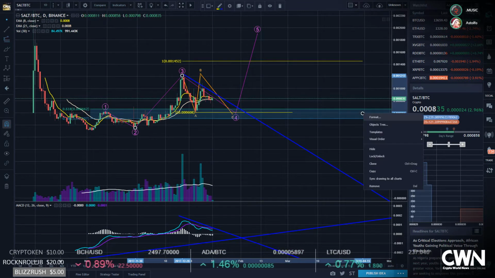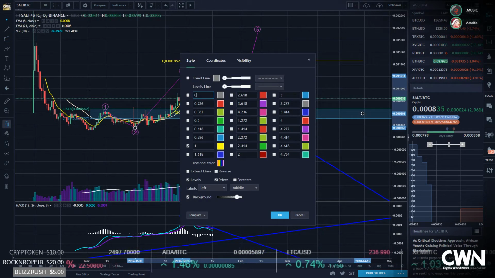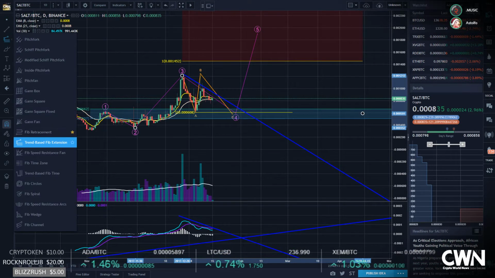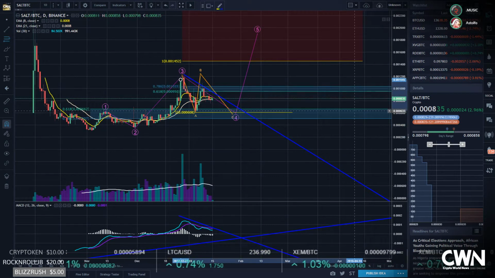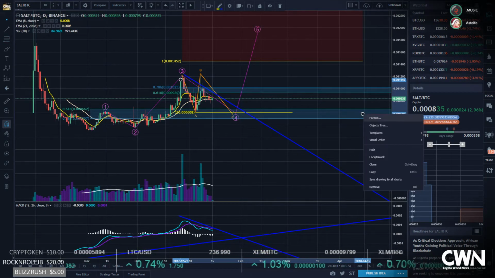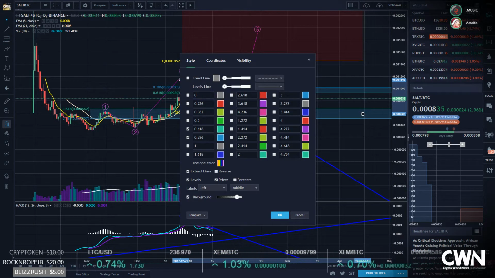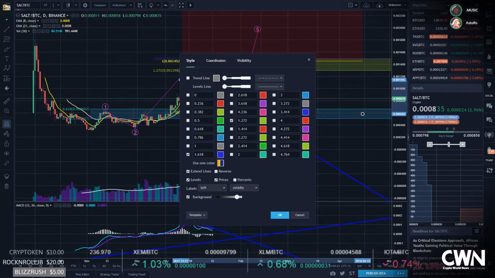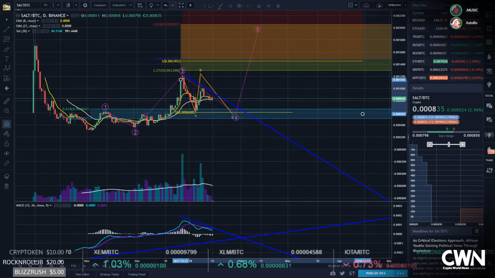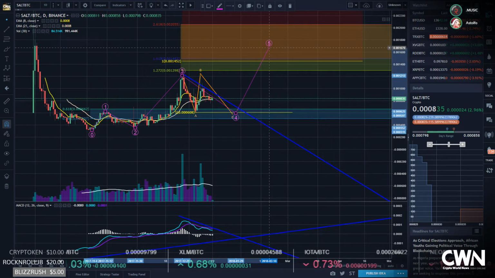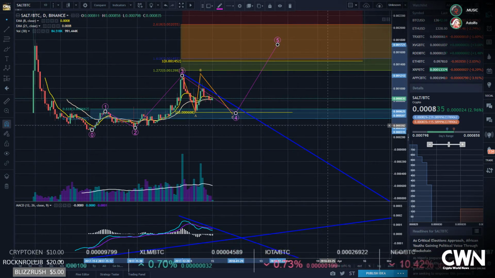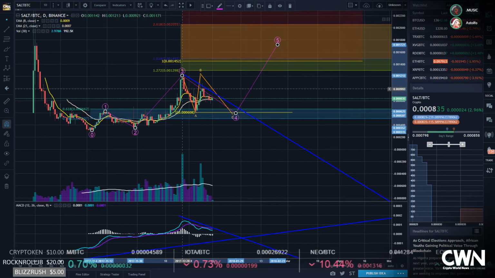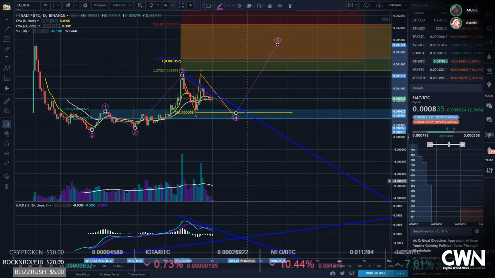And we can get our upside projections, as well as an extension. Yeah, somewhere in this zone looks good to me. But to me, I think we do need a C wave down to finish our ABC correction here.